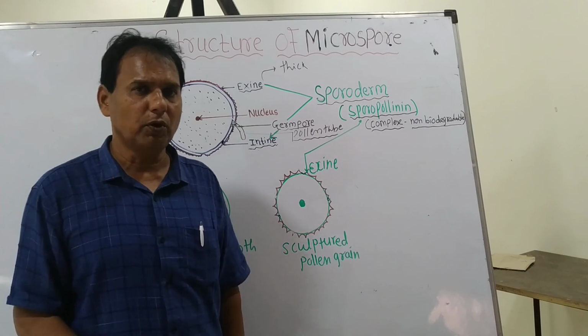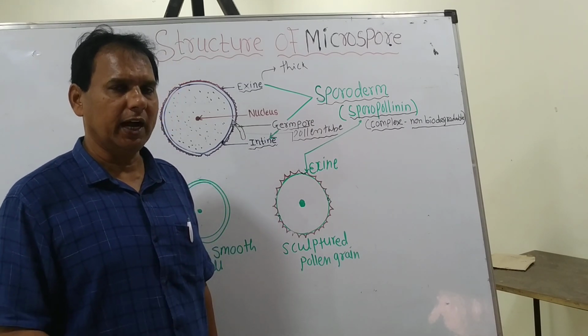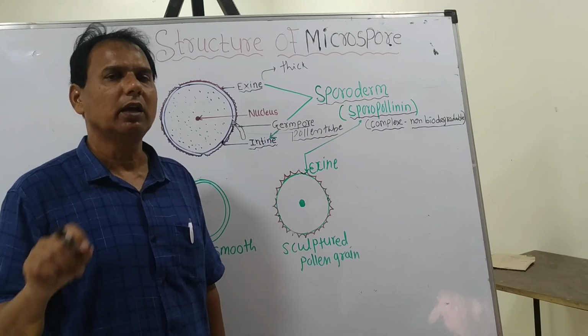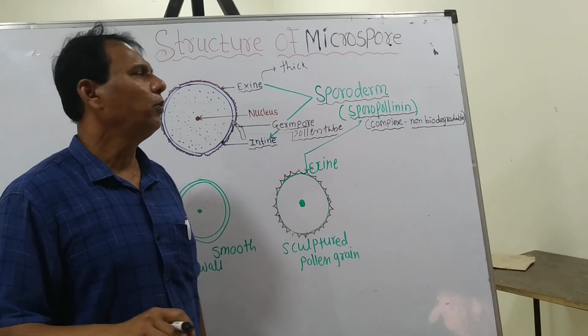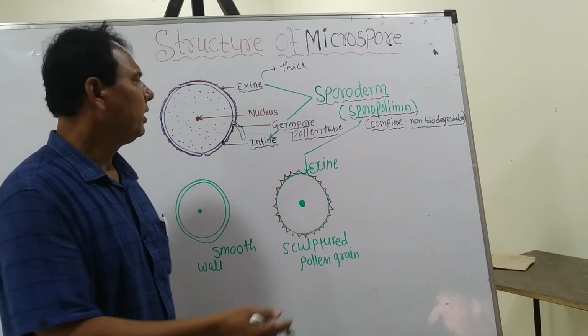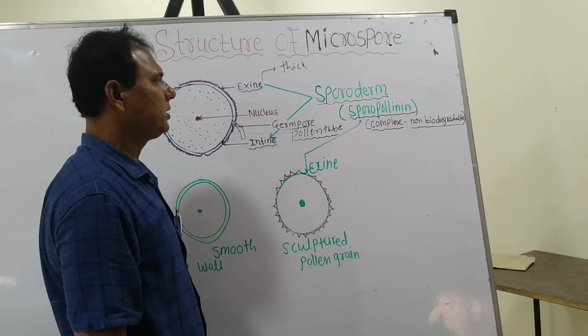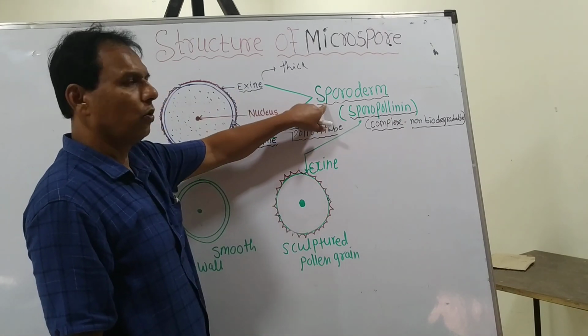What is a microspore? A microspore is a non-motile, unicellular, uninucleate haploid structure. First point. Second point, each microspore is surrounded by two layers called the sporoderm.